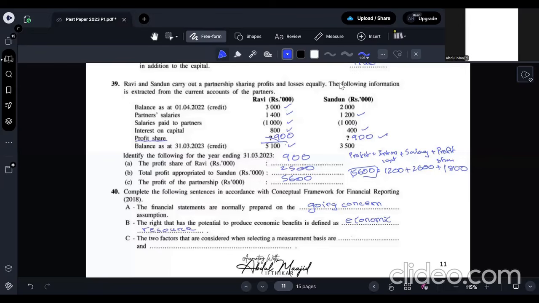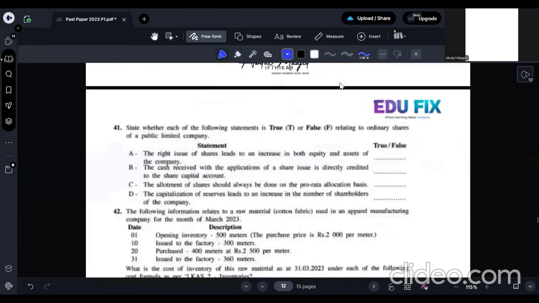The two factors that are considered when selecting a measurement basis are, so when you are selecting a measurement basis, you need to consider if it provides relevant information, relevance, and are we providing it with faithful representation, faithful representation. Okay. Then 41.